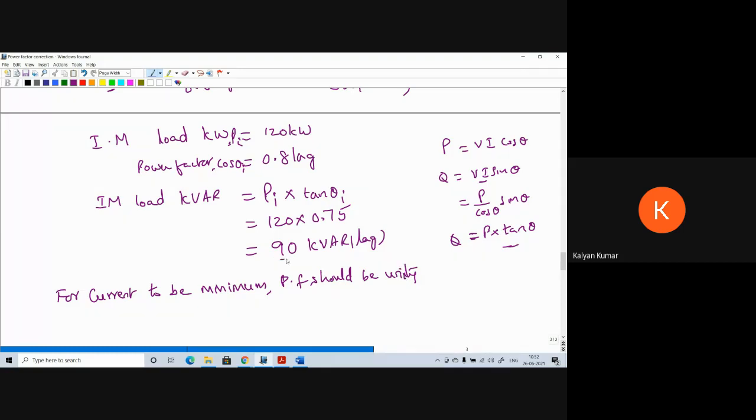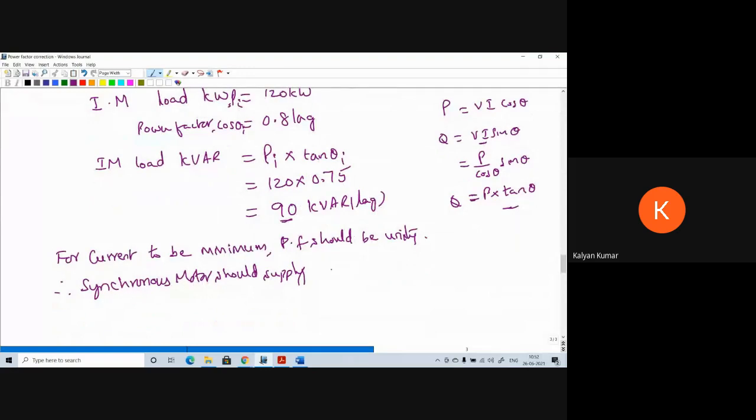If the synchronous motor supplies the kVAR required by the induction motor, therefore the synchronous motor should supply the lagging kVAR required by the induction motor.